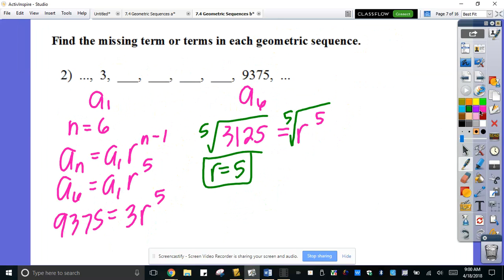So therefore, 3 times 5 is going to be 15. 15 times 5 will give us what? 75. 75 times 5 will give us 375. 375 times 5 is 1875. Times 5 will give me 9375. So therefore, my answer is right, right?